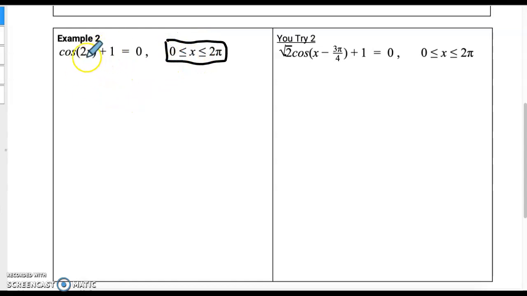But because this one isn't in the cosine function, I actually have to move it first. So anything outside of cosine, anything being added or subtracted outside or multiplied in front, you have to do the algebra first before you answer the question, when is that cosine equal to that? So I'd have to subtract 1, then I'd have cosine of 2x equals negative 1.